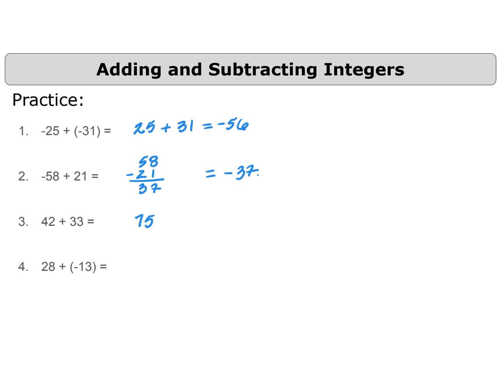And number 4, we have 28 plus a -13, so we have more positives, 28 positives, and we have 13 negatives, so we subtract what we have less of from what we have more of, and we get 15, and that would be a positive 15 because we had more positive values.